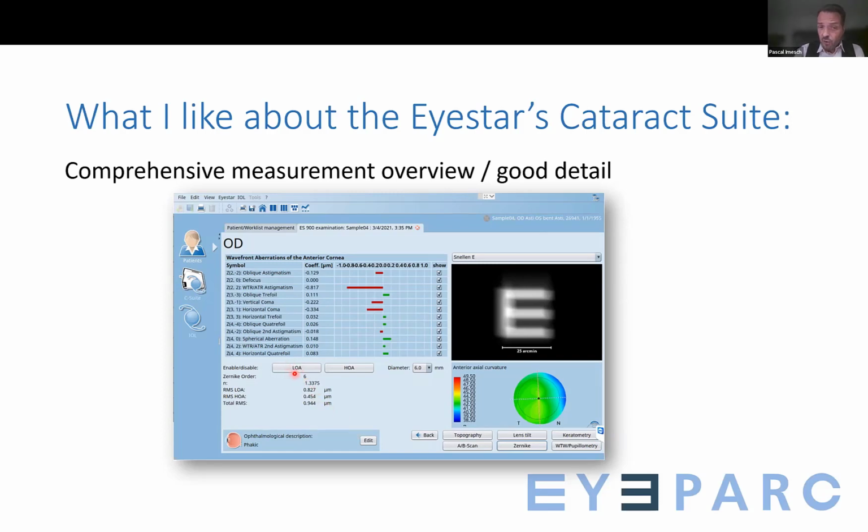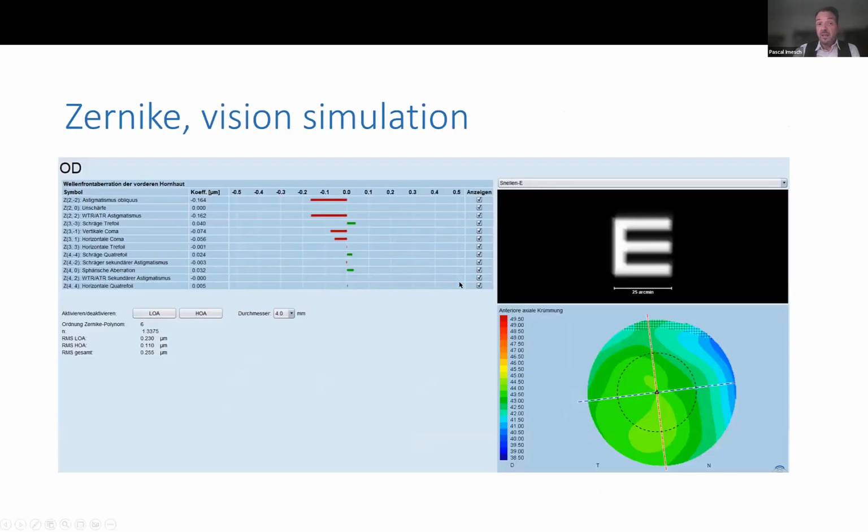So you have the low order aberrations and the high order aberrations, and all listed here. You can switch them on and off, and then on the right side you see the topography and the vision simulation. Now, this helps you extremely when you have a patient, to tell them, well, you see quite well during the day when you have a pupil diameter of 4 millimeters.